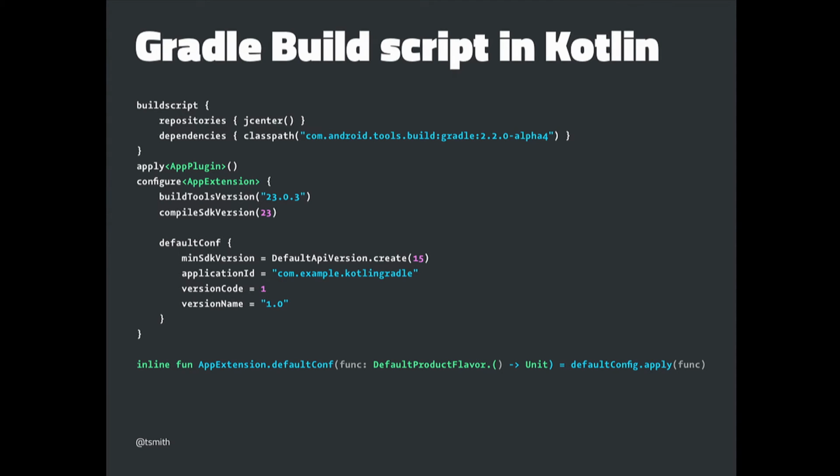So there is a specific class called DefaultProductFlavor that the defaultConfig is using under the hood. But it's only giving you the parent class. So this function extension essentially does the check. And I'm not using defaultConfig, which is the Android block that you would be using. I'm using defaultConf because I said earlier that you can't override an existing function.